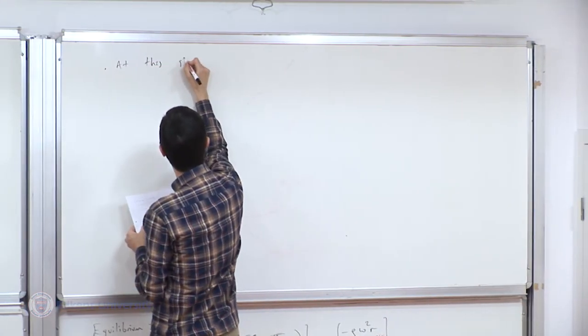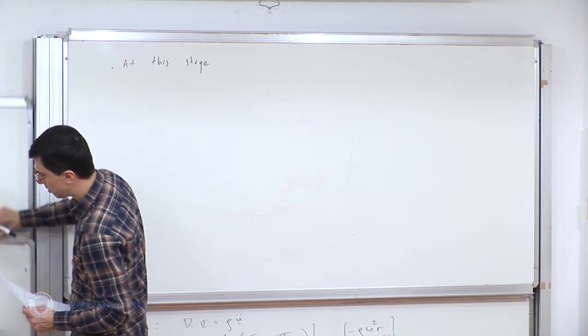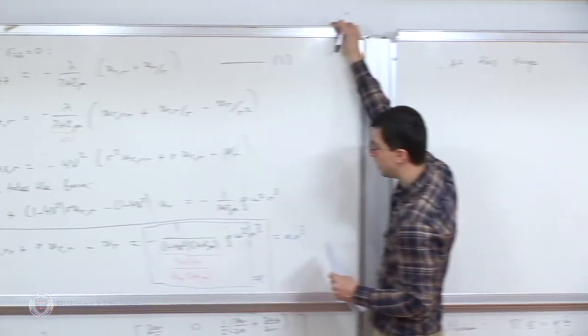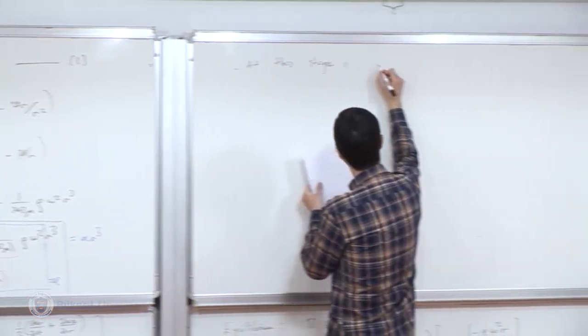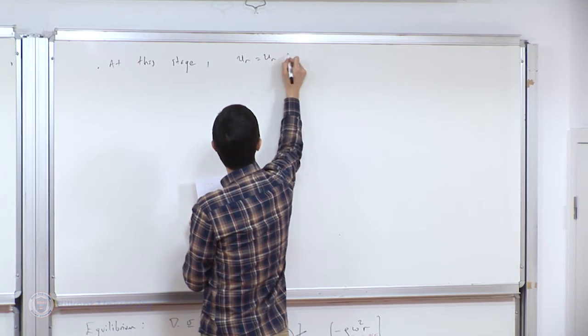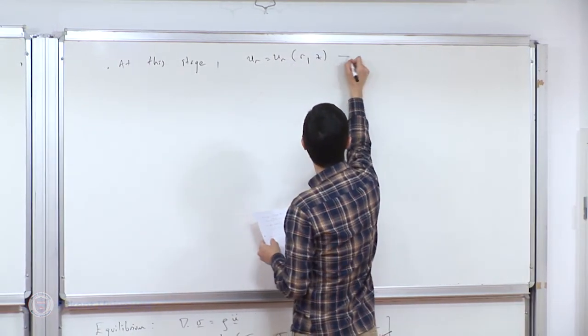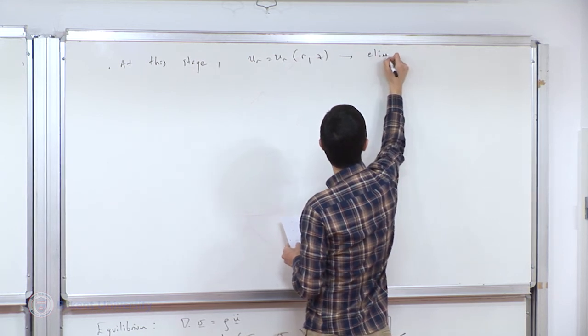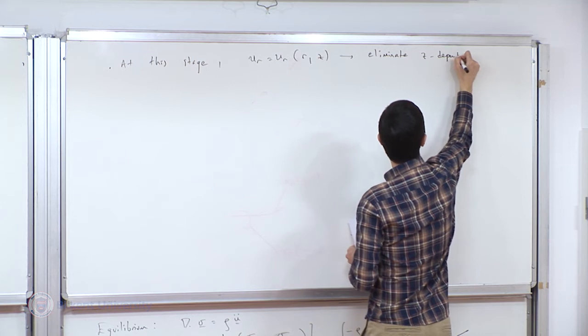So at this stage, and that stage is now our solution, which I can pull back up one last time. This is our equation. And in that equation, UR is a function of R and Z. And we want to eliminate Z dependence.